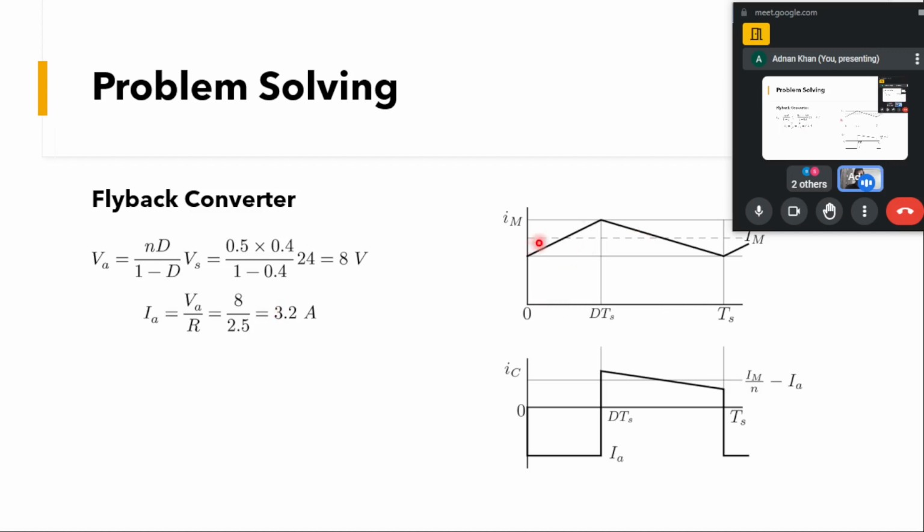Similarly you can do it for the inductor. For IM you will come up with this equation, like the buck boost type of topology. You can go through the notes and come up with this equation. Is it clear now, the operation of this flyback converter?